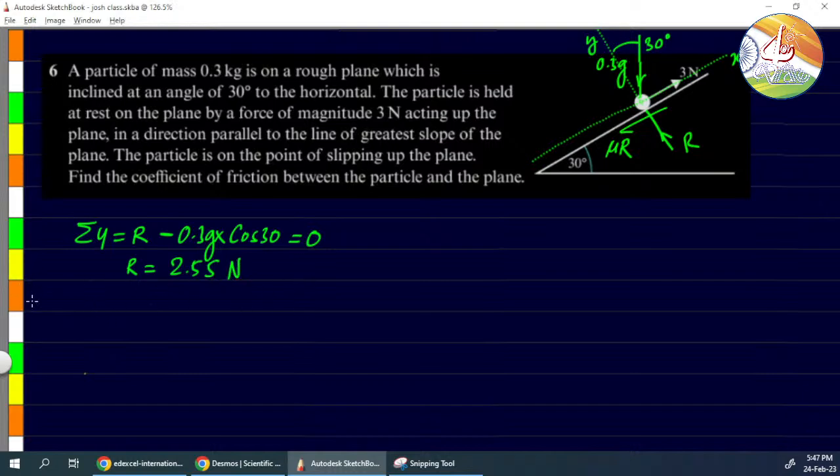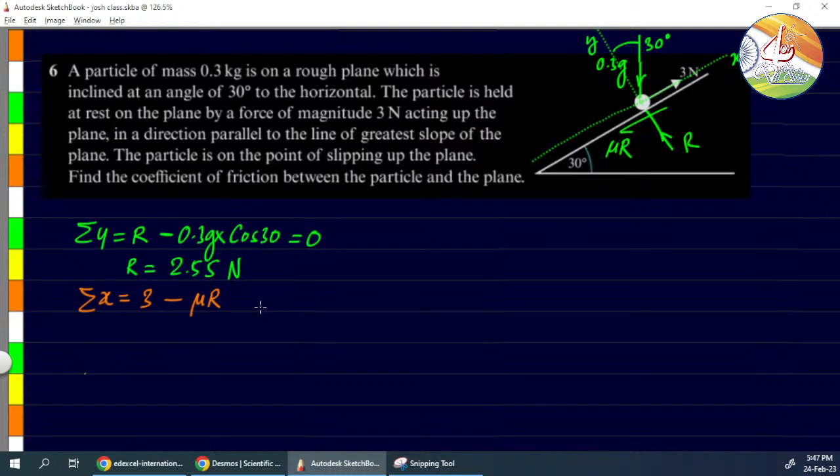Next we have to take the x components. What are the forces in the x direction? First we have 3 newtons, right? Then minus mu times R, correct?